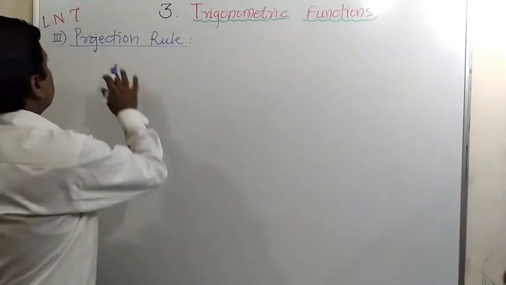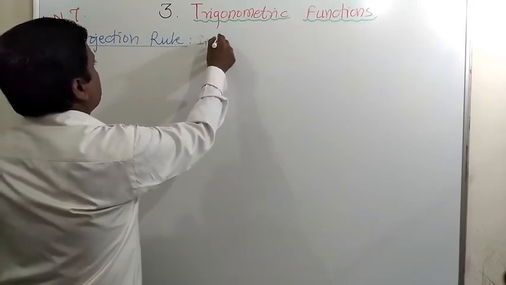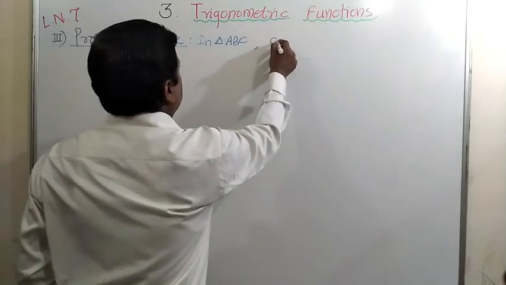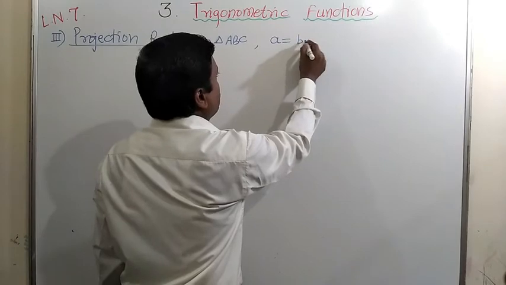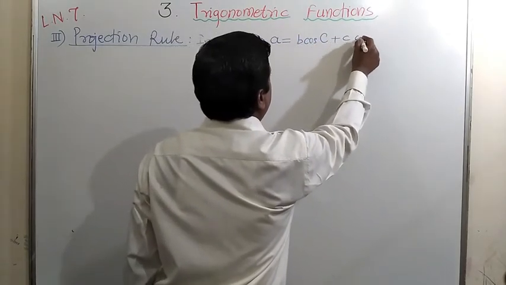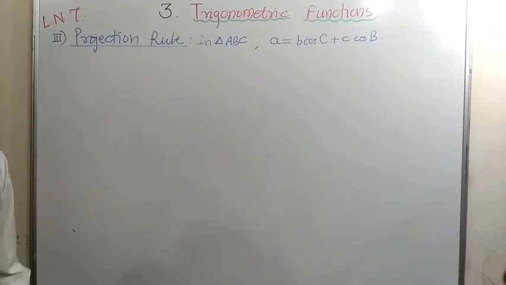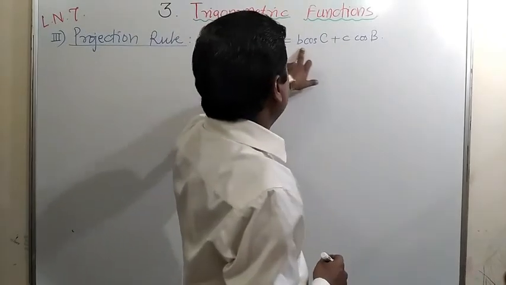Let us see the statement of projection rule first, and we will use that concept of projection of one side on another. In triangle ABC, if you take any one side, then a is nothing but b cos C plus c cos B. Means if a is on the left, then on the right there are small b and c.